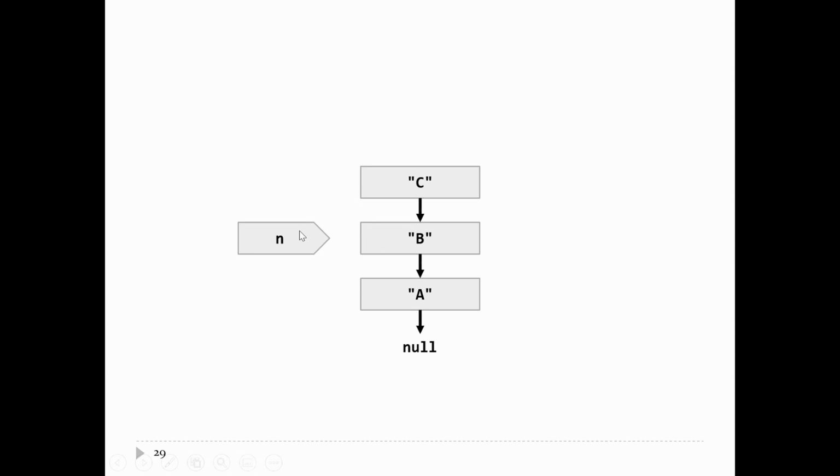So n.next is that link there, and that'll move me to the bottom node. Do something with the A, follow the link. Now the link is null, so the loop stops. The condition in the loop is while n is not null, so the loop doesn't run, and you're done. And n points at null, or n has the value null.